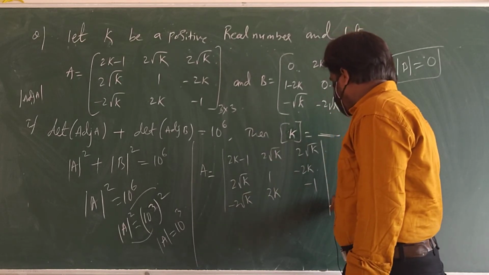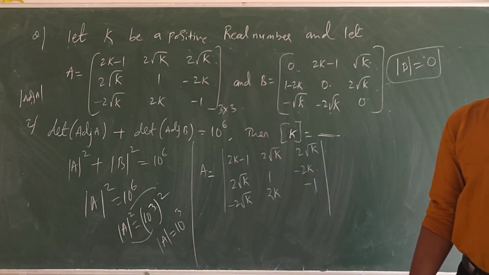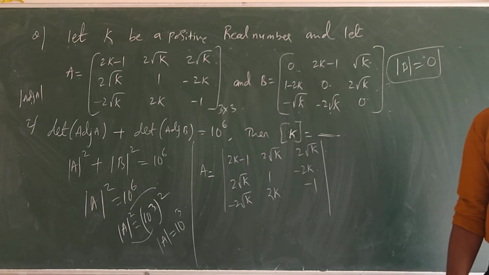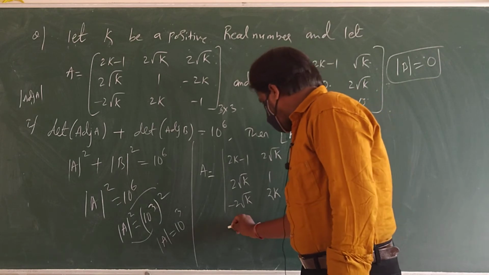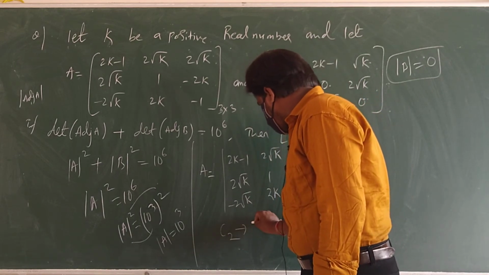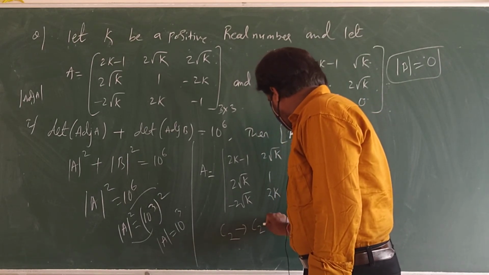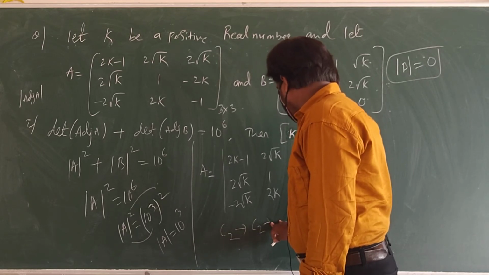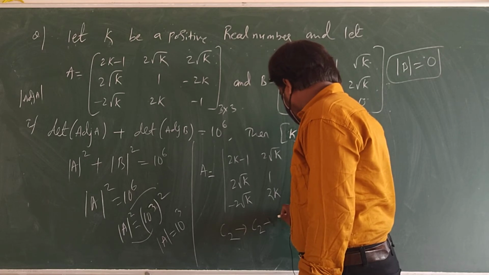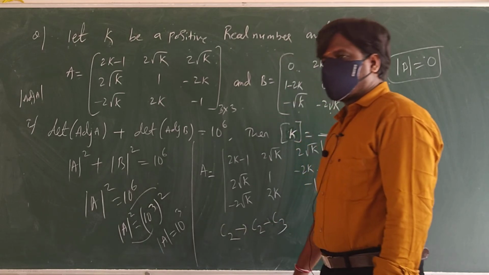What is our target? Making 2 zeros. You have to make 2 zeros. How to make them here? Can I write C2 as C2 minus C3, or C3 as C2 minus C3? Anything. Okay, C2 as C2 minus C3 I am doing.